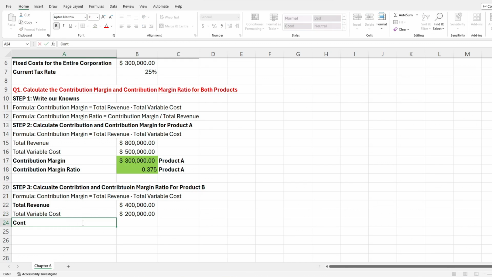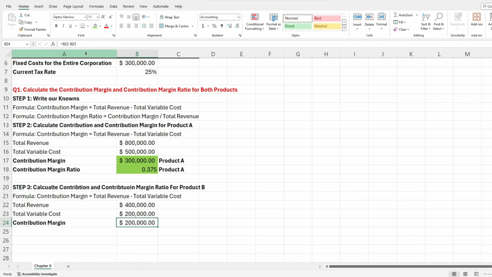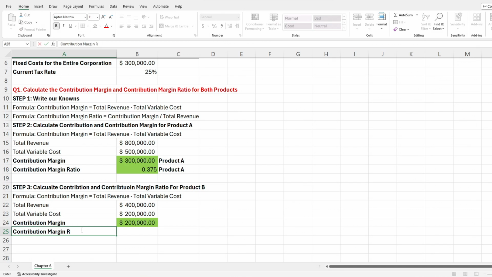That can give me my contribution margin. So total revenue minus total variable cost. So that's our contribution margin. And then our contribution margin ratio is equal to 200,000 divided by our total revenue, which is 400,000.